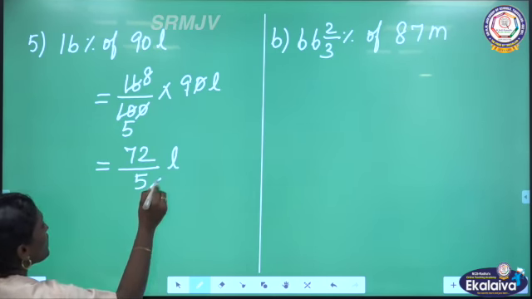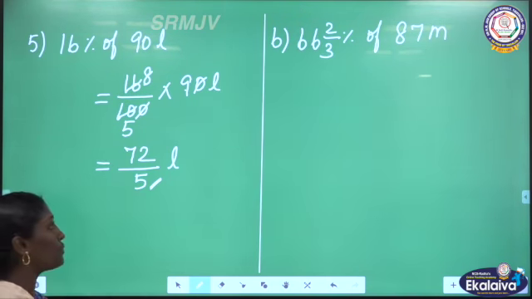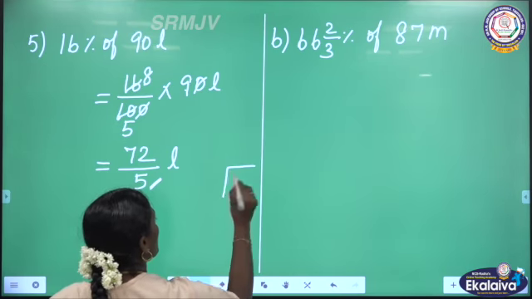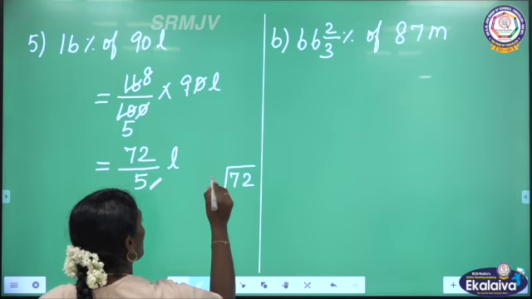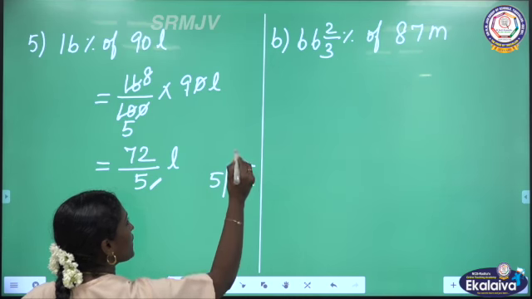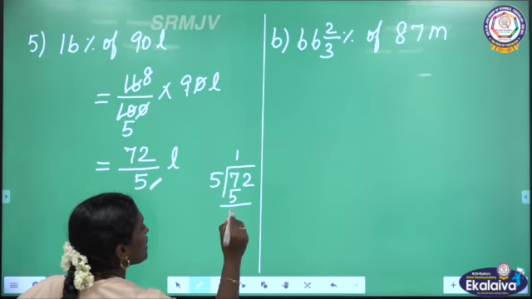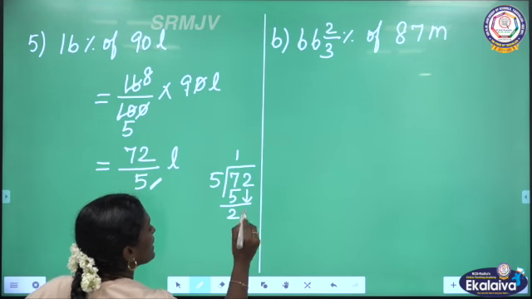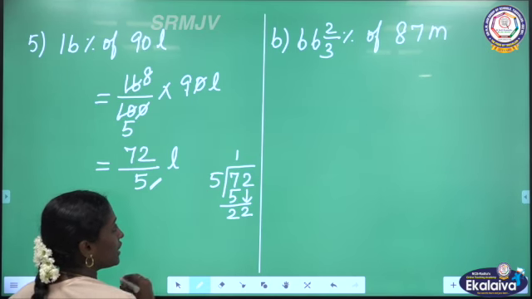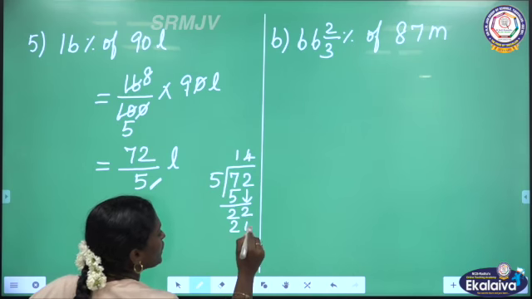Now we got an improper fraction, so we have to convert it into mixed number. For that we have to divide the numerator number by the denominator number. In 7 how many times 5 is there? Only 1 time 5. 7 minus 5, that is 2. Now we have to take the next digit 2. Now it's 22. In 22, 4 times 5. 5 fours are 20.